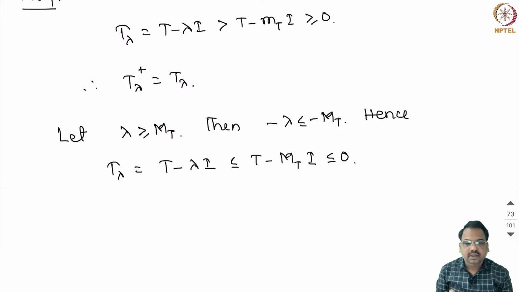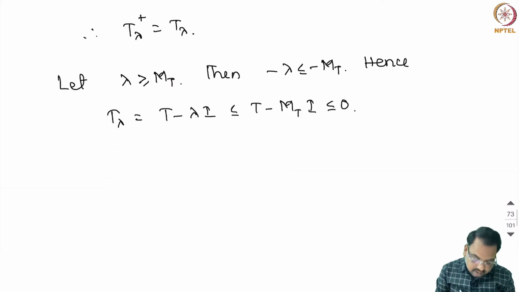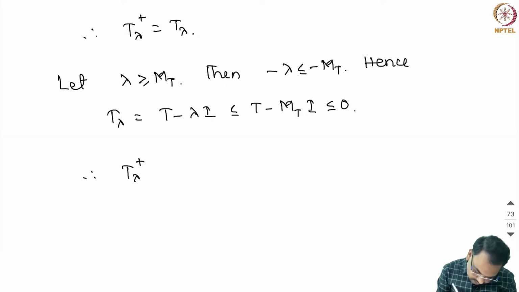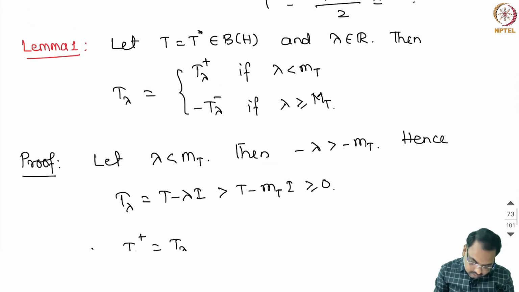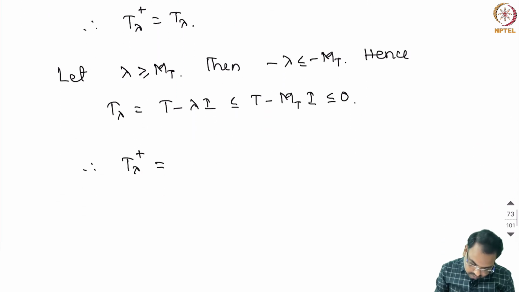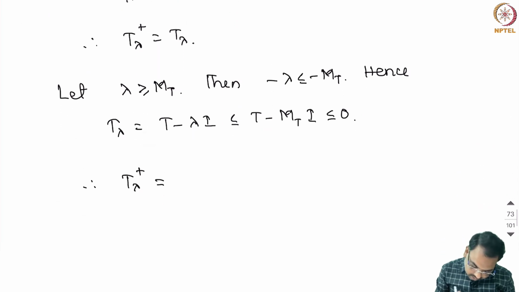Hence T minus M_T I is negative. For a negative operator, the positive part is 0 and the negative part is minus the operator. So in this case, let us look at T lambda minus.